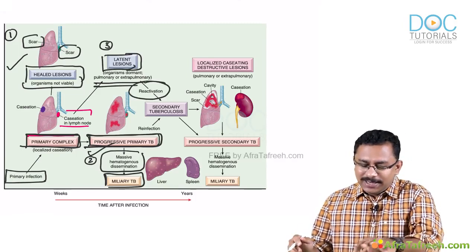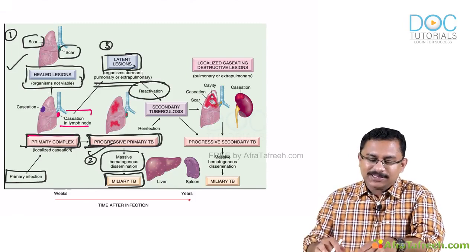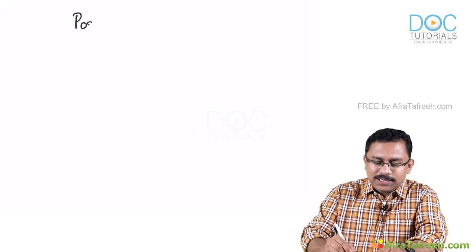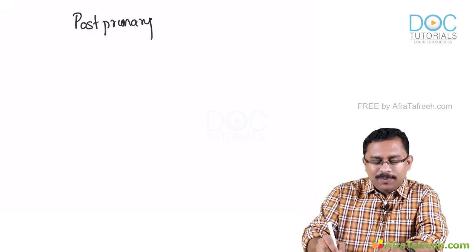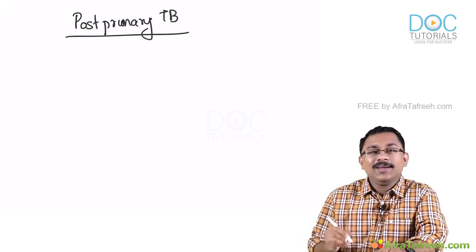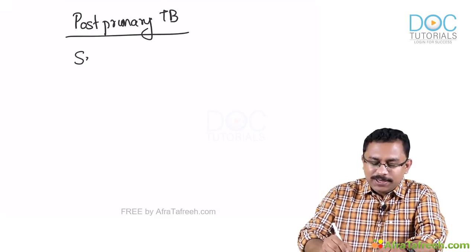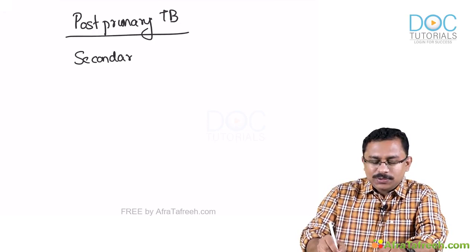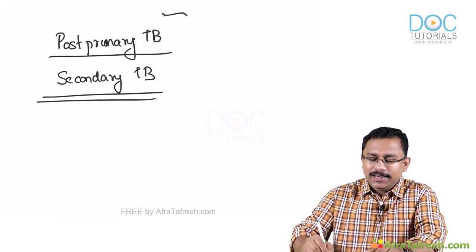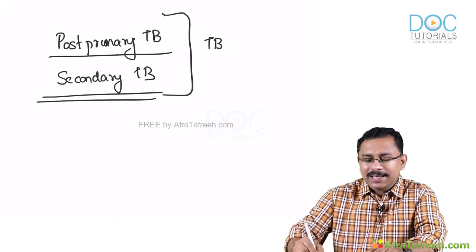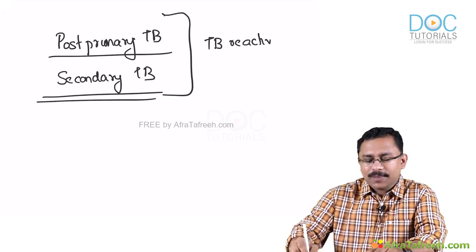So an individual can develop a reactivation subsequently, resulting in post-primary TB, which is also referred to as your secondary tuberculosis. Post-primary TB or secondary TB is nothing but a TB reactivation.